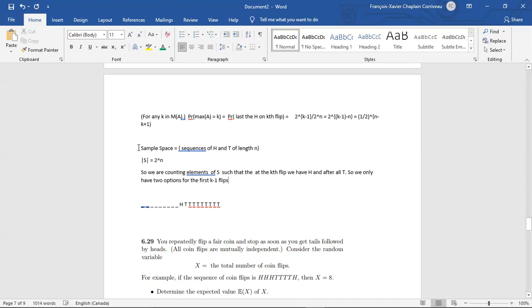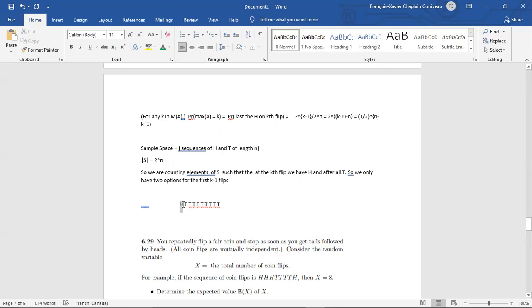So again, there's two ways really to justify this. Either you do a counting argument, which leads to this, or you say, well, okay, I'm looking at the probability that my kth flip was a head, which is a half, and all remaining n minus k flips, so the flips after my head, so not my first head, my last head.